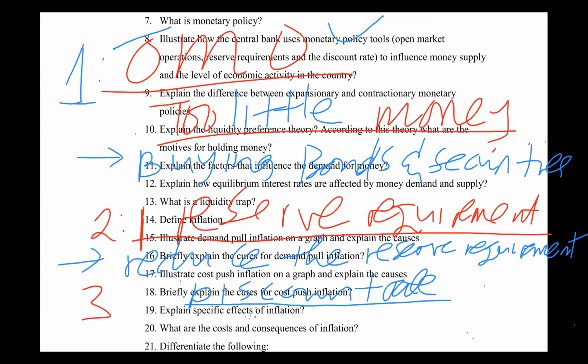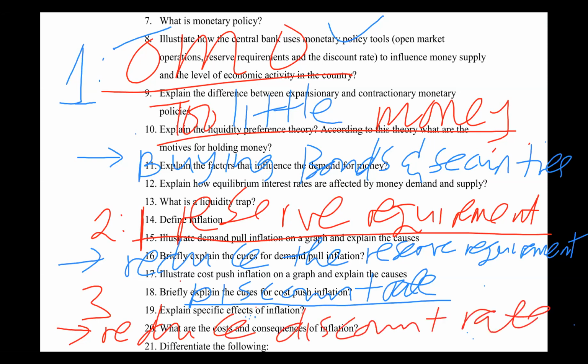About the discount rate, again, when we want to increase the supply of money, we reduce the discount rate. Now, when you reduce the discount rate, it becomes cheaper for commercial banks to borrow money from the central bank.